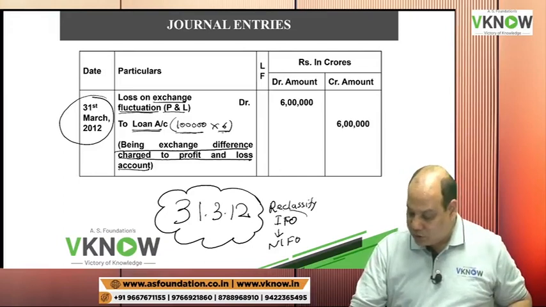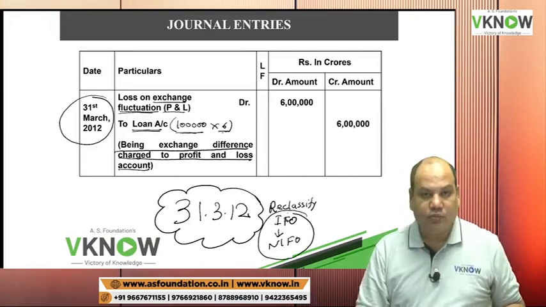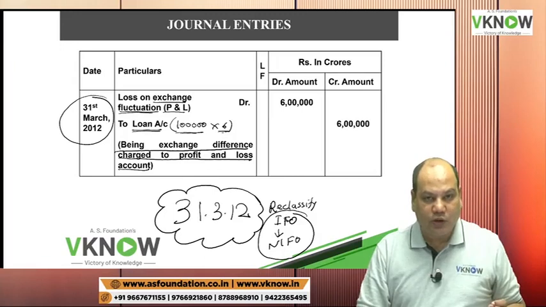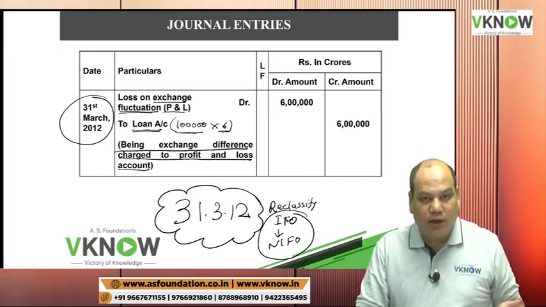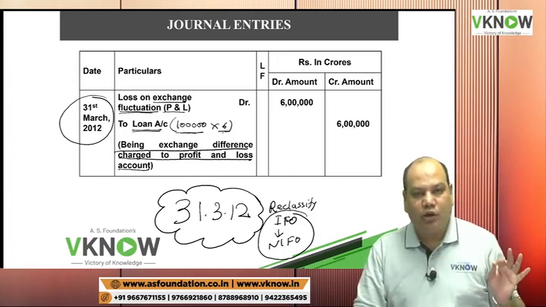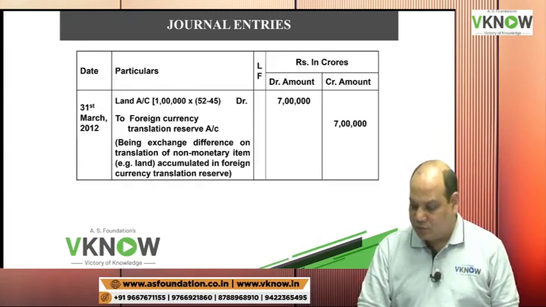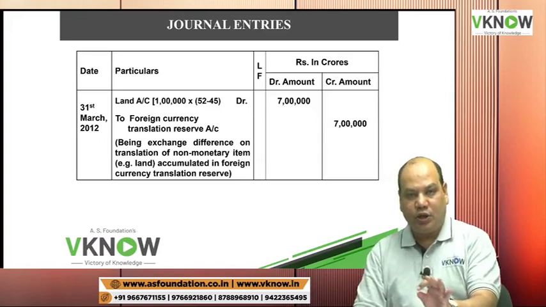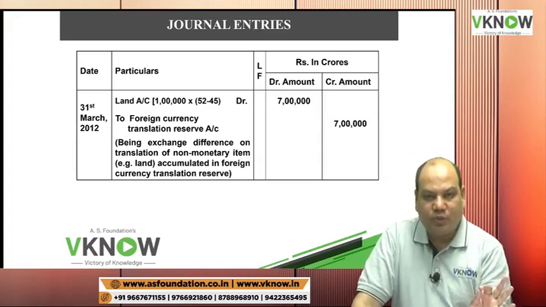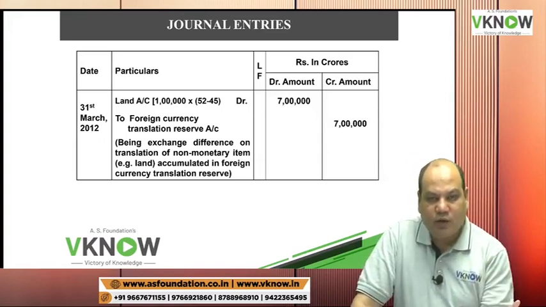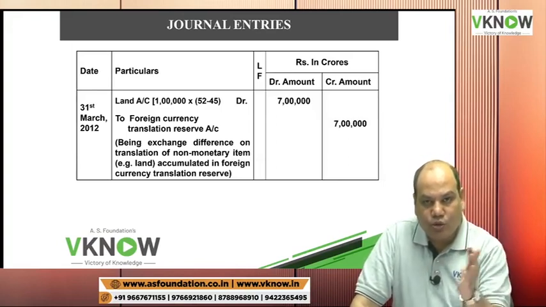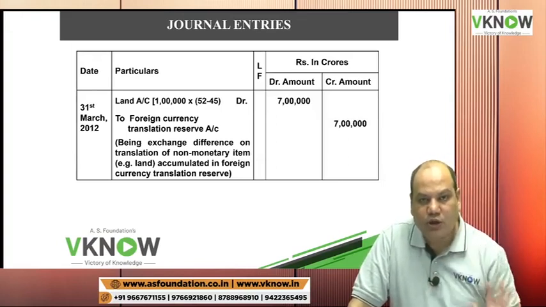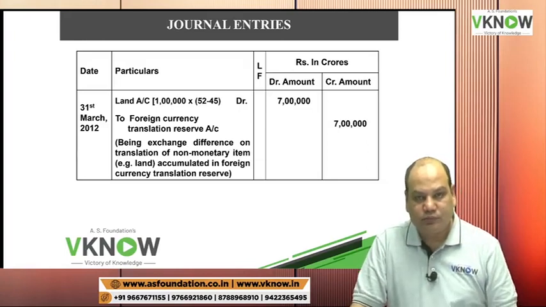As per the new classification, now the land will also be valued at closing rate, because the company has reclassified the foreign operation from integral to non-integral on 31st March 12.